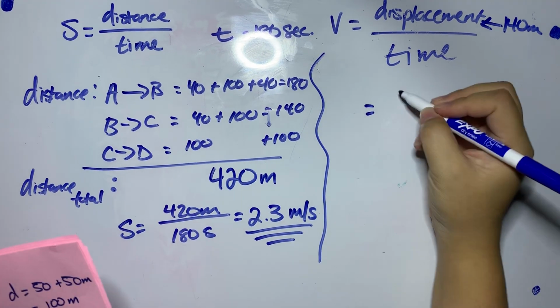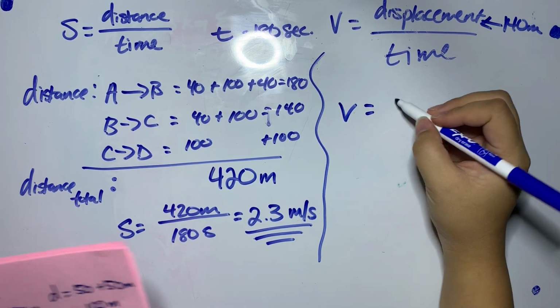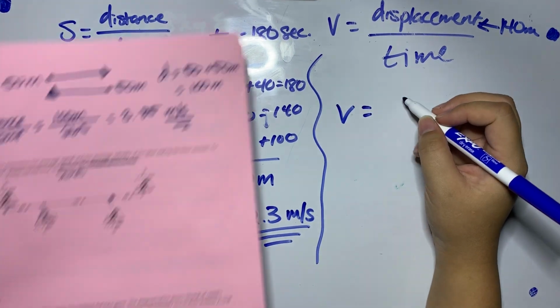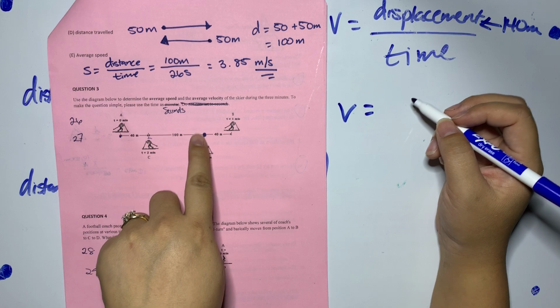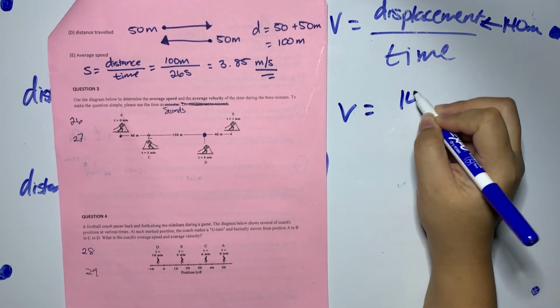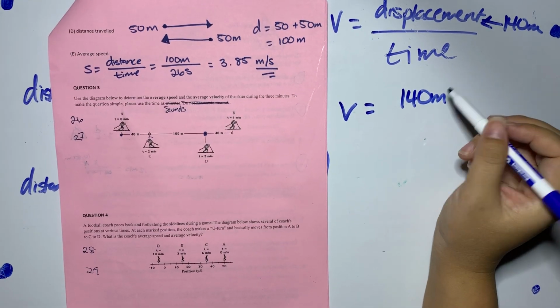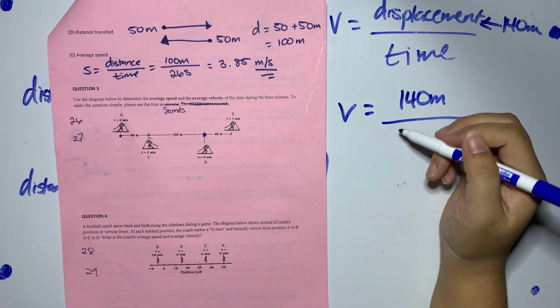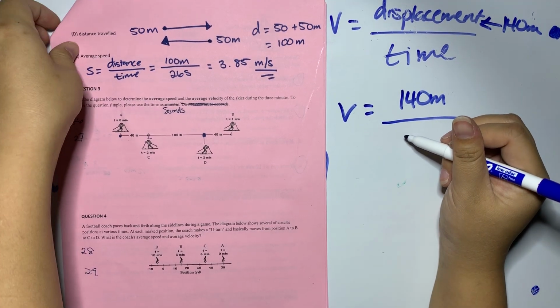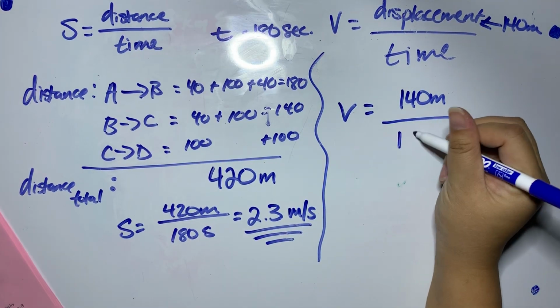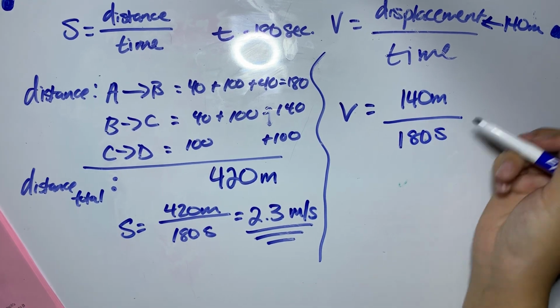Okay, so velocity is equal to displacement, which is 140 from here to here, 140 meters divided by my time, which is 180 seconds.